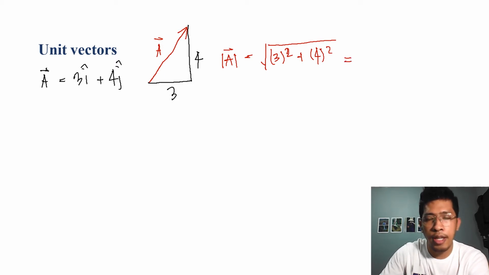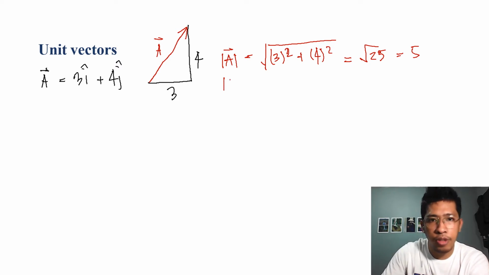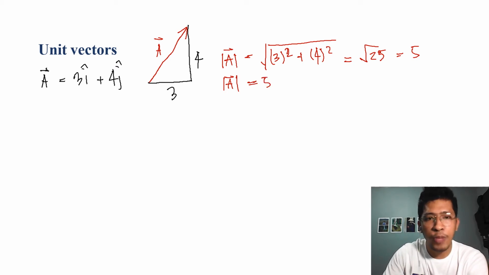So the magnitude of your vector A is just the square root of 25, or we have 5. Now, you have here the magnitude of your vector A, 5 units. Clearly, your vector A is not a unit vector. That's because, again, your unit vector should have only a magnitude of 1. But here, your vector A has a magnitude of 5.